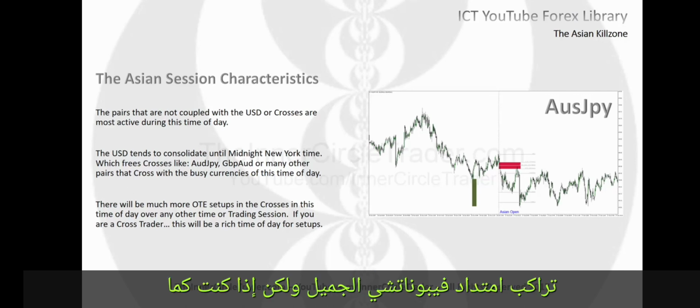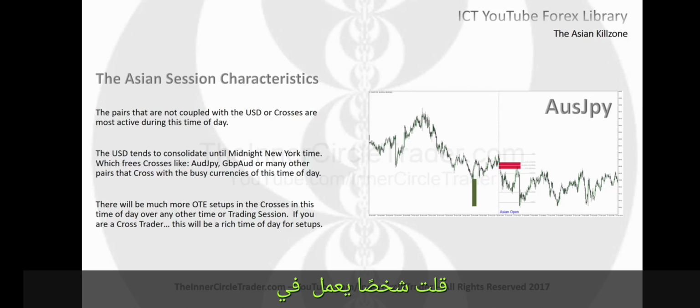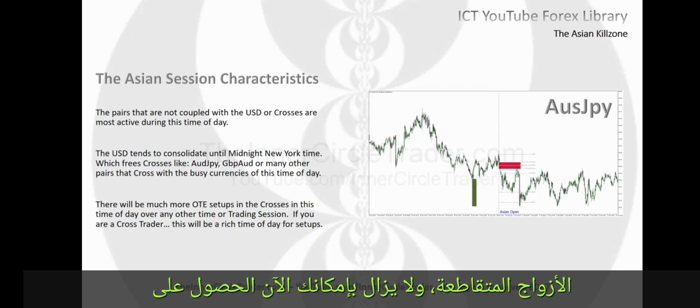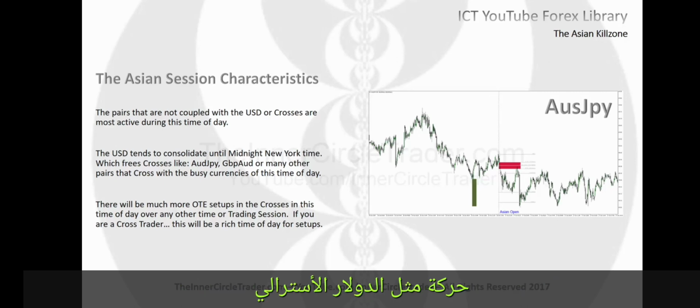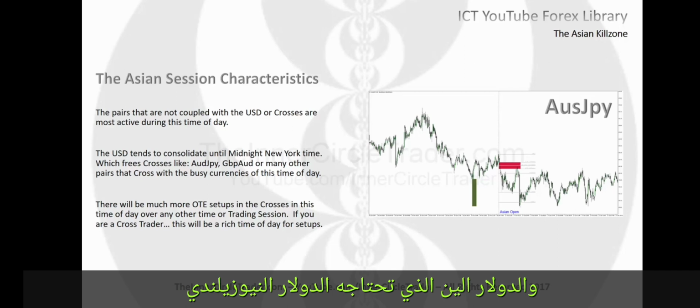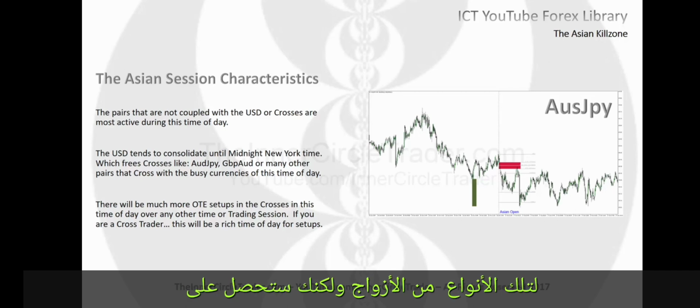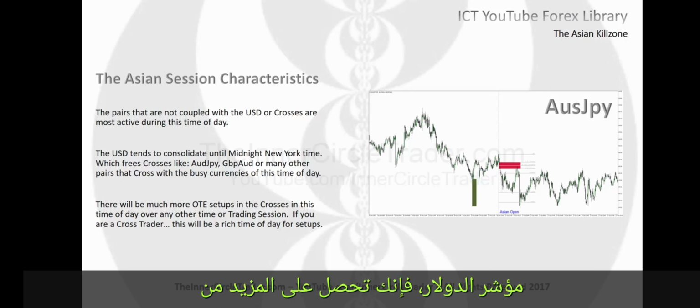But if you are, like I said, someone that's working in the States and you're limited in your time of day where you can be active, you can supercharge the Asian session by using the cross pairs. Now, you can still get movement in like the Aussie dollar, the dollar yen, New Zealand dollar, those types of pairs, but you're going to be getting a drag sometimes because of the dollar index.